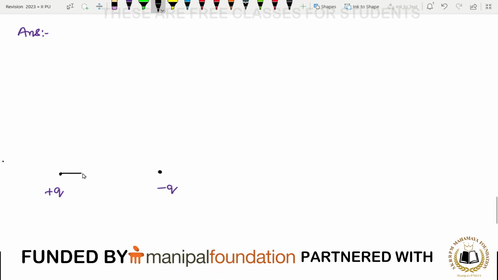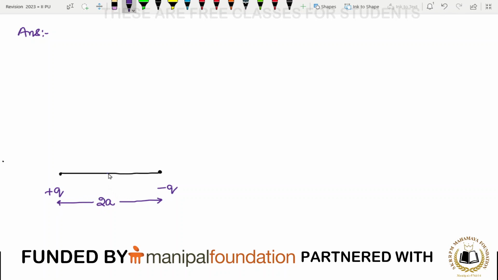These two are separated by a distance 2a, which is the length of the dipole.